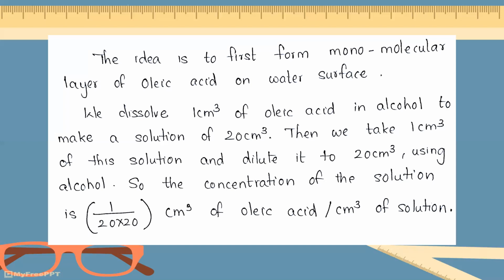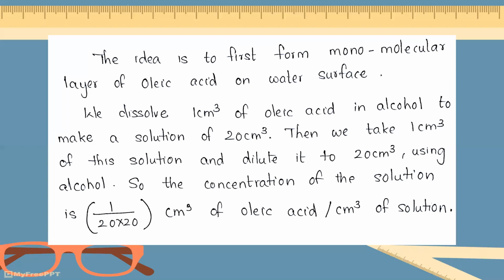We dissolve 1 centimeter cube of oleic acid in alcohol to make a solution of 20 centimeter cube. So you can see the ratio. We take alcohol 20 times, but oleic acid one time. That is a 1 is to 20 ratio.